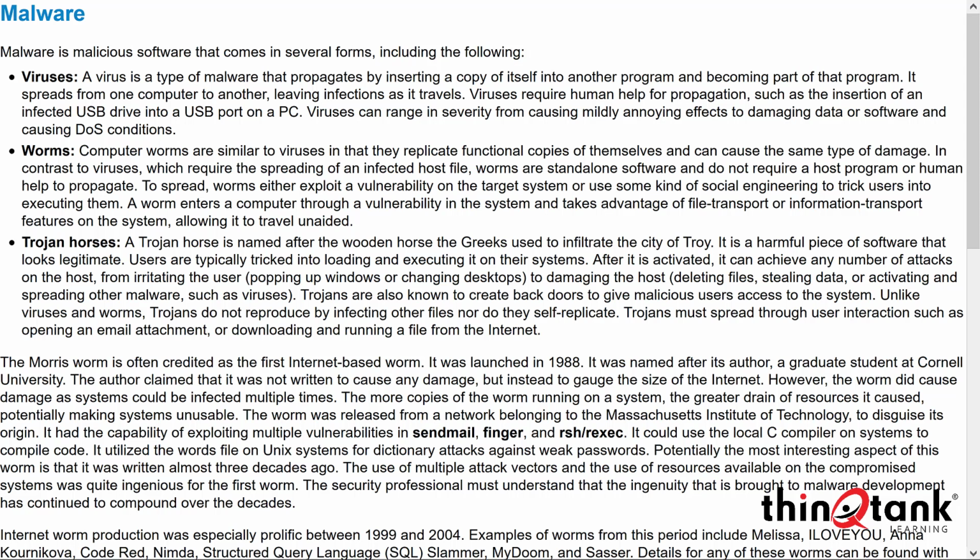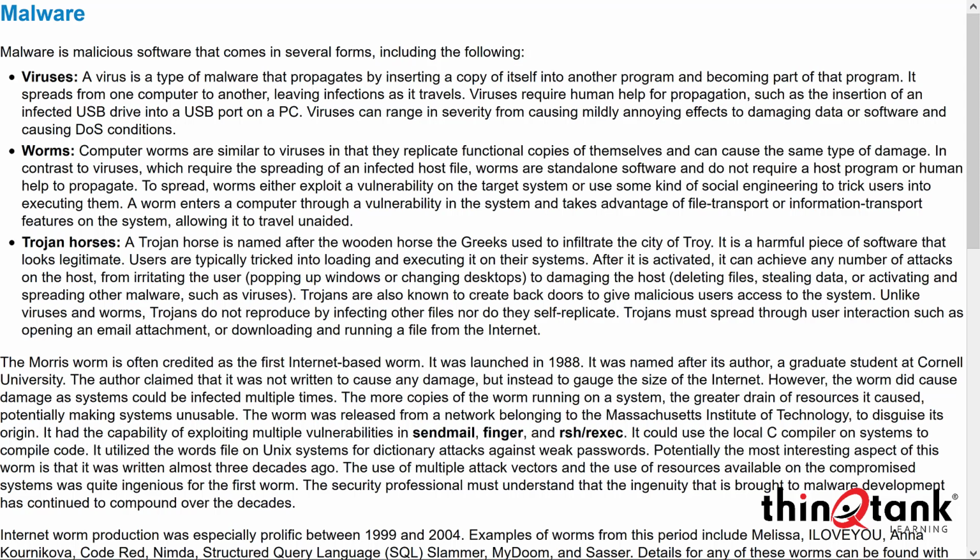Now, the worm, as I mentioned before, is a standalone malware computer program. It replicates itself so that it can spread to other computers as well. In most cases, the computer worm is going to replicate itself by using the network, the underlying infrastructure, to replicate itself to other computers in the system.